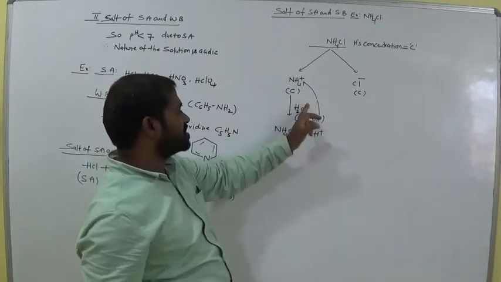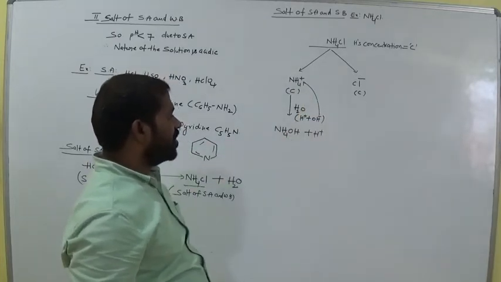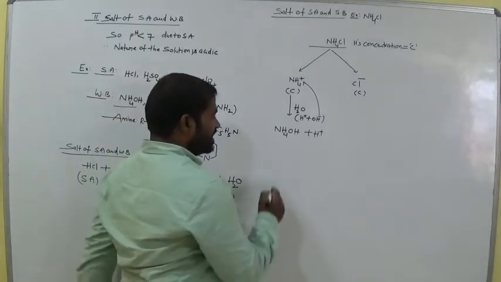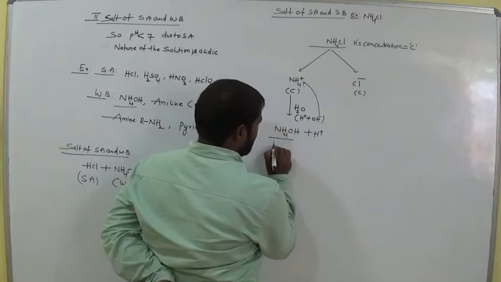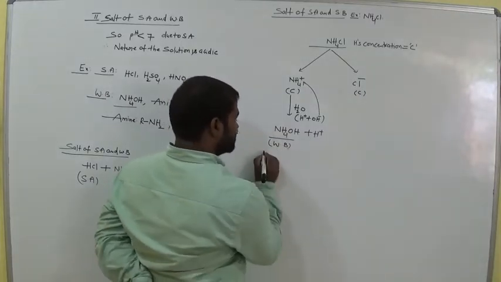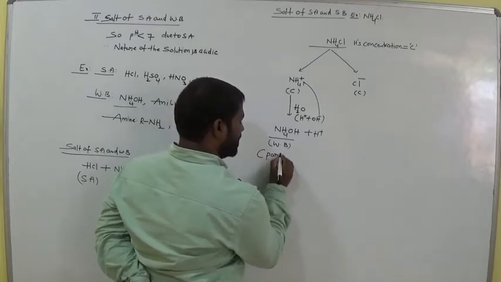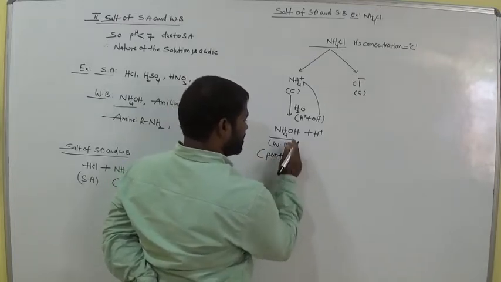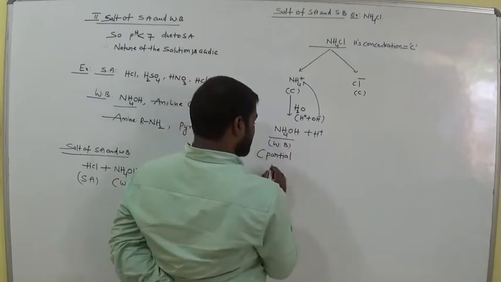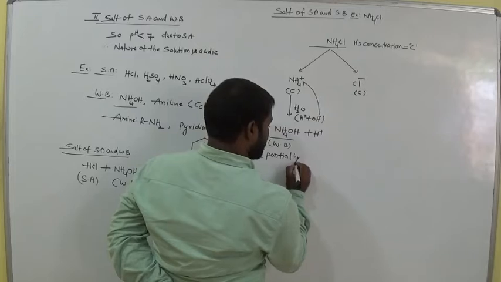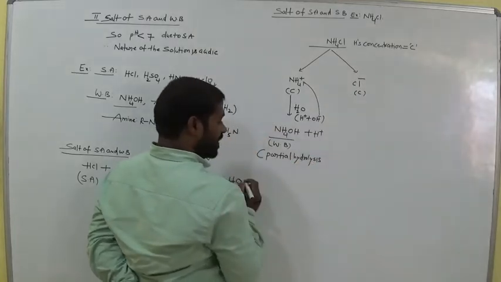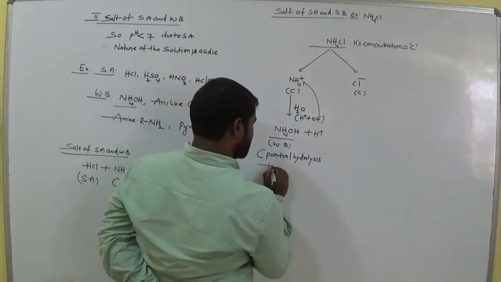Ammonium chloride undergoes hydrolysis, it gives ammonium hydroxide and H plus. Now it is a weak base. Weak base means partial hydrolysis. Already we discussed this condition. Weak bases undergo hydrolysis, so partial hydrolysis takes place.